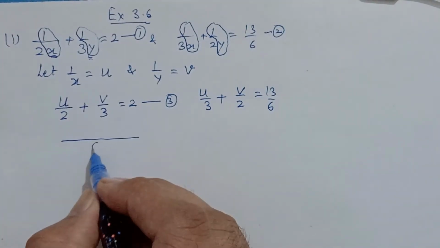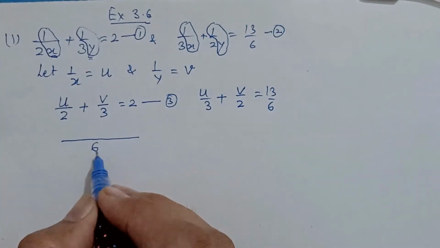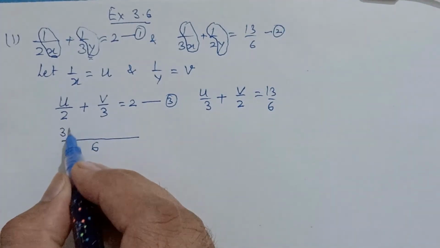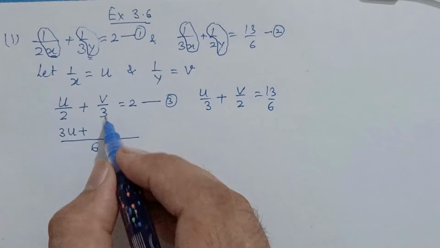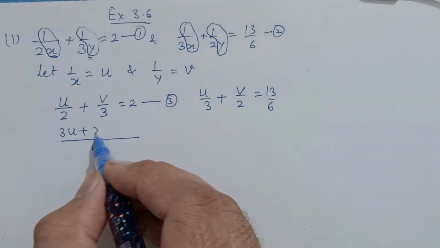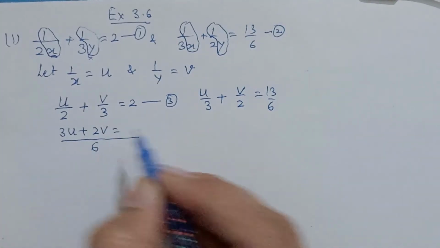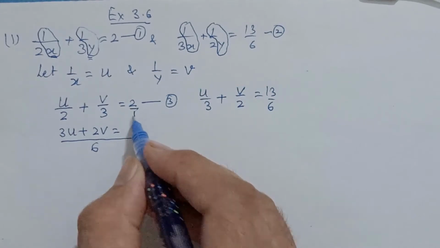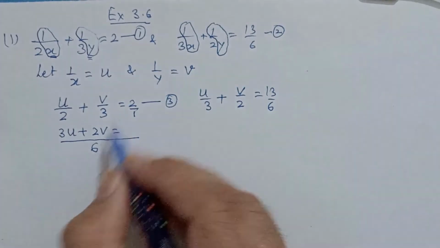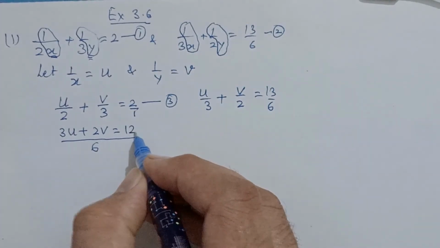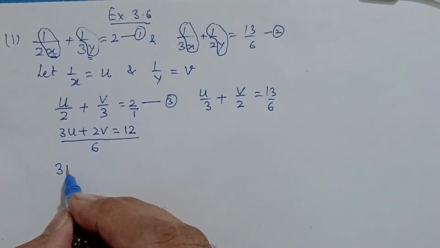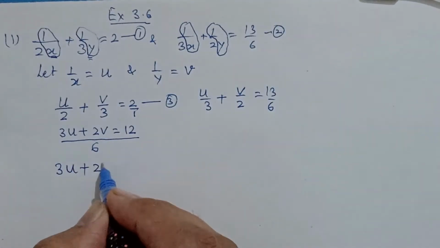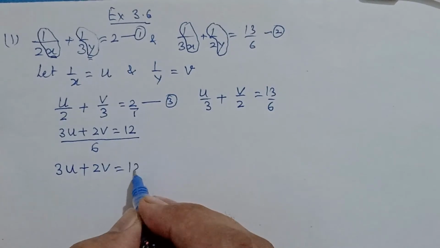It is 6. 2 3s are 6 and 3 into u is 3u, plus 3 2s are 6, 2 into v is 2v, is equal to 1 6 is 6, 6 into 2 is 12. So this equation becomes 3u plus 2v is equal to 12.